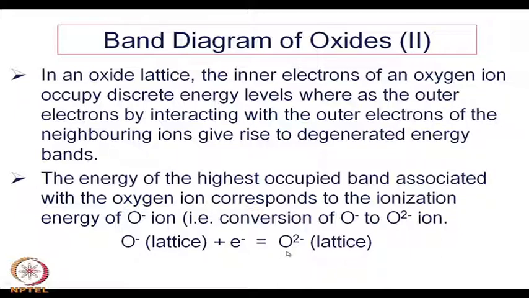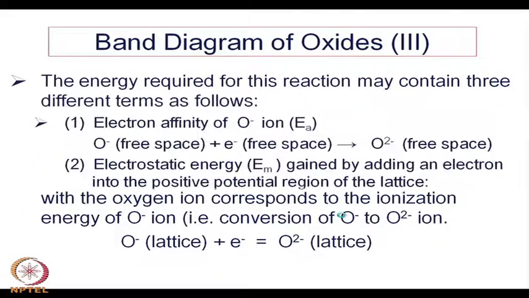So, we are looking at what the change of energy is with this. In fact, it is as if we are adding an electron from free space to the O minus ion in the lattice, and as a result we are getting O2 minus in the lattice, and we will look into what the energy change is.